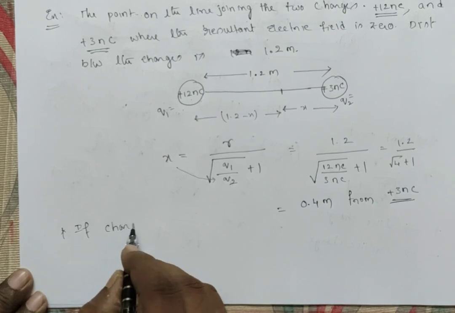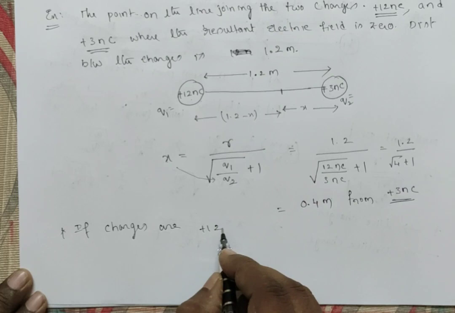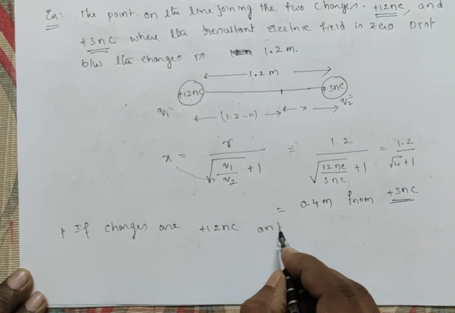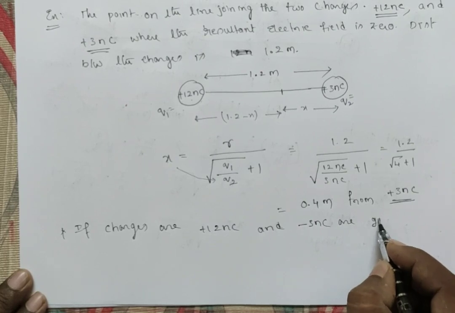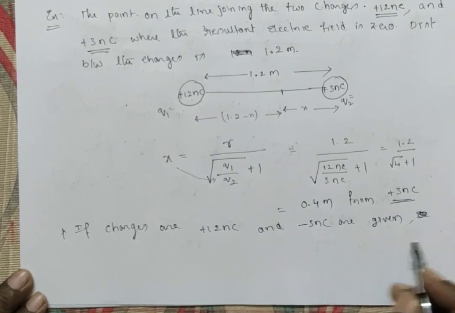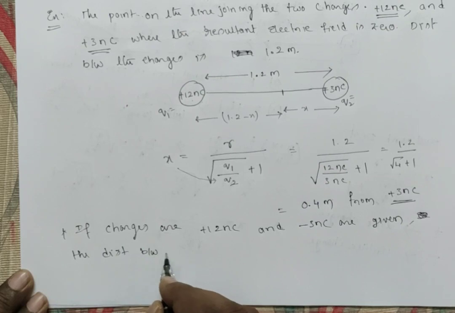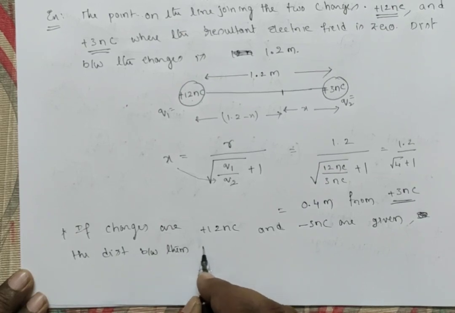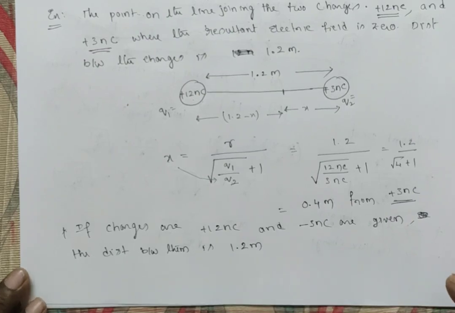the charges are plus 12 nanocoulomb and minus 3 nanocoulomb, separated by the same distance we are taking, the distance between them is 1.2 meter. So what will happen here?